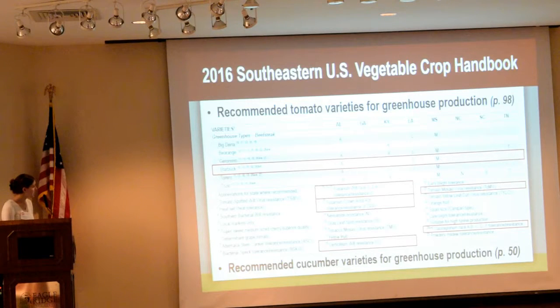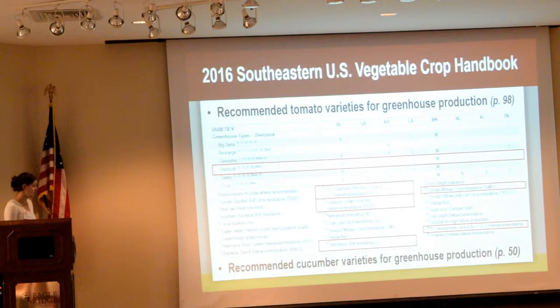If you go down to the bottom of the table, these tell you which diseases that variety has resistance to. So Starbuck has resistance or tolerance to Fusarium wilt, Fusarium crown and root rot, Verticillium wilt, tobacco mosaic virus, and Cladosporium, which is an old name, that is the leaf mold pathogen.